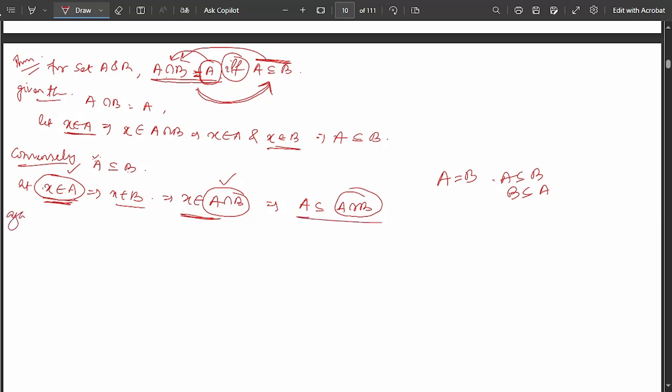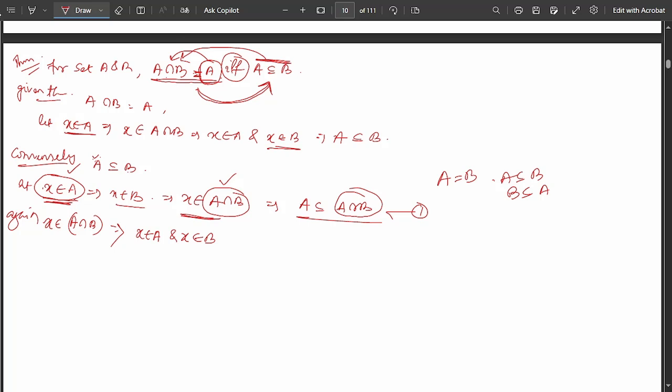Again, let's put this as equation 1. I am taking an element x belongs to A ∩ B. This implies that x belongs to A and x belongs to B. What do I have to prove here?